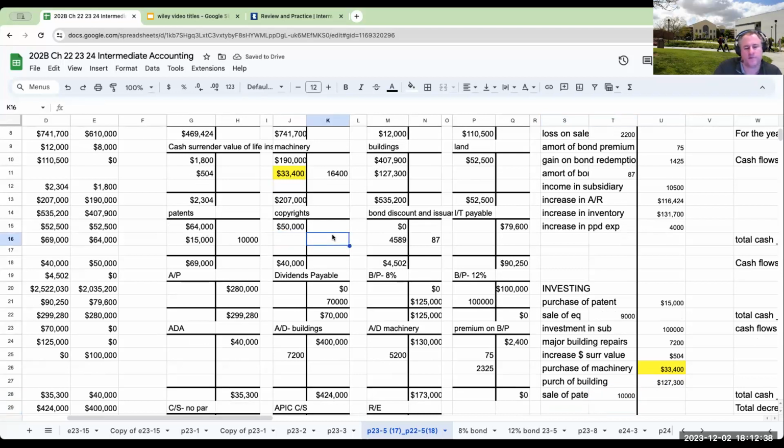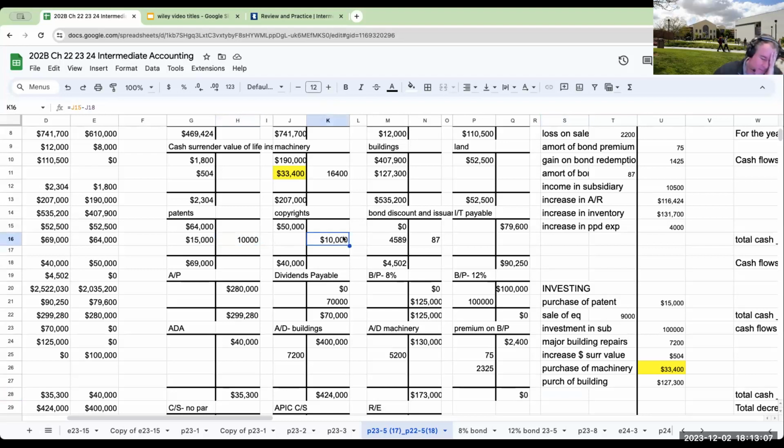Copyrights went from 50 to 40. So over here, I basically had a sale of a copyright. Oh, wait a second. I know what, okay, so I screwed this up. This is not that. This is amortization expense. So sorry about that. So this is patent amortization.